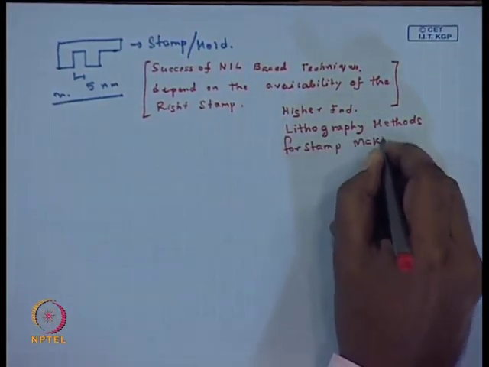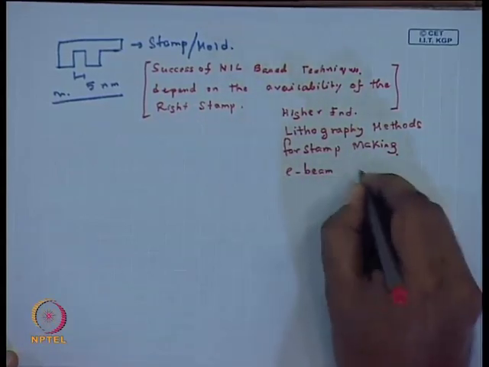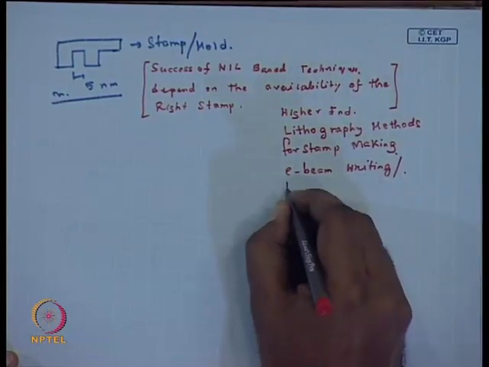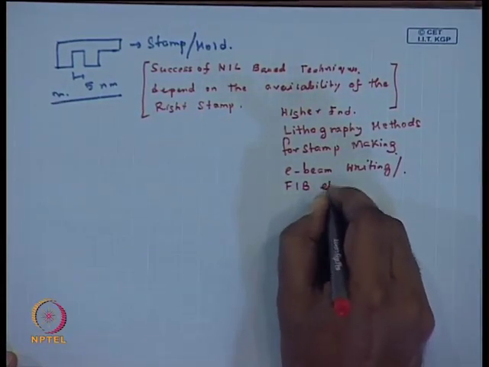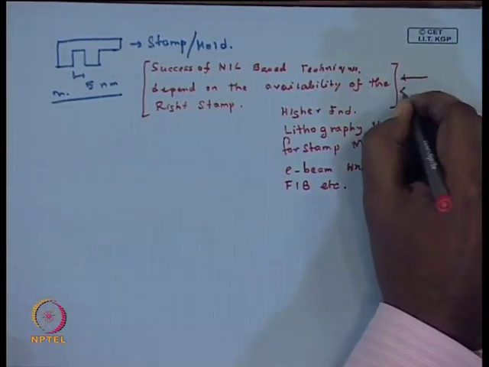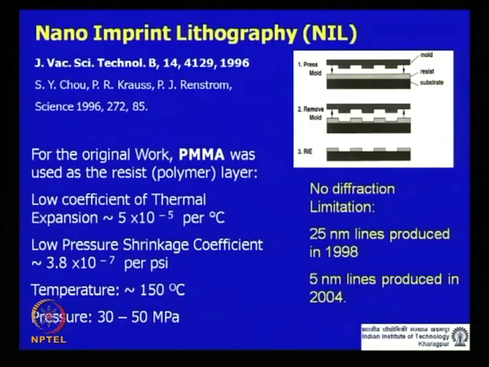Maybe we will just quickly glance through some of the names like E-beam writing or focused ion beam, etc. But it is an important thing to remember that the lateral resolution of feature size has no limitation due to diffraction or any other optical property, and entirely depends on the availability of the right type of the stamp.